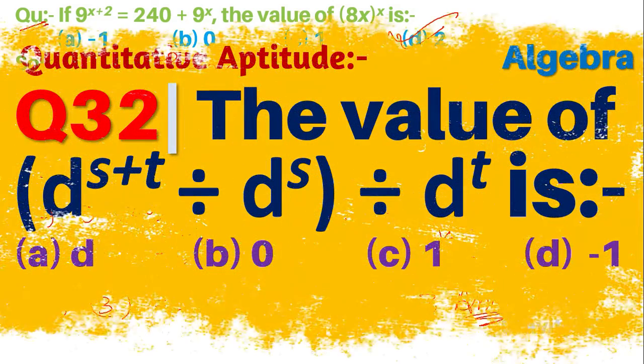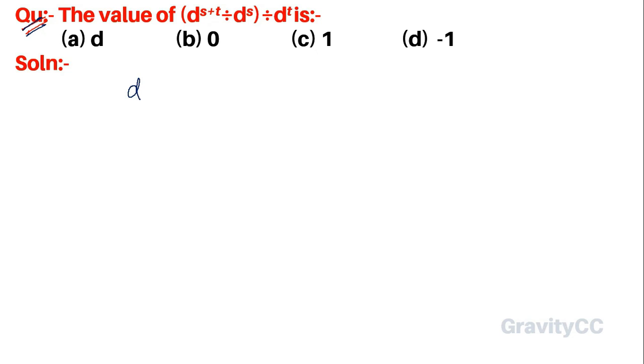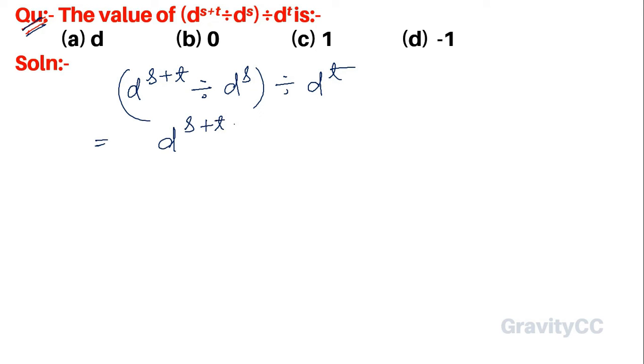The value of d to the power s plus t divided by d to the power s divided by d to the power t is d to the power s plus t divided by d to the power s divided by d to the power t, which equals d to the power s plus t minus s divided by d to the power t.